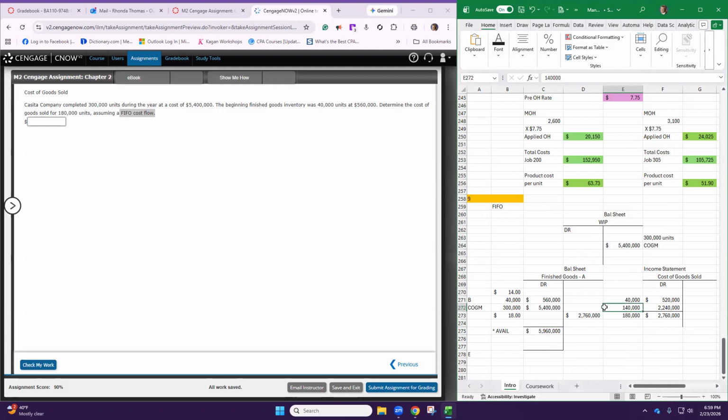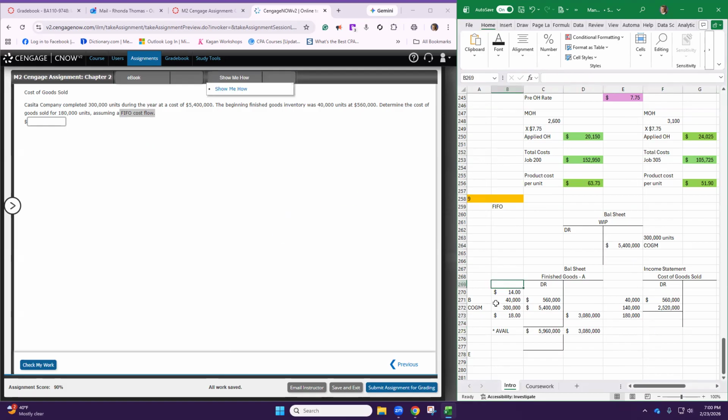Okay, 180 units. So the first 40 came out at $14, and then the next 140 came out times 18, because these had different costs.